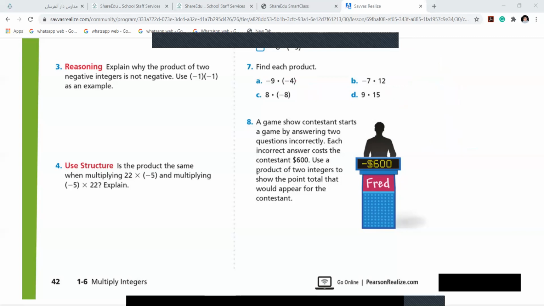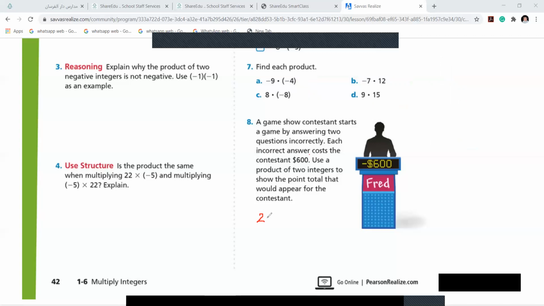Now next. A game show contestant starts a game by answering 2 questions incorrectly. He answered 2 questions incorrectly, so I'll just write 2 here. And then each incorrect answer cost $600.